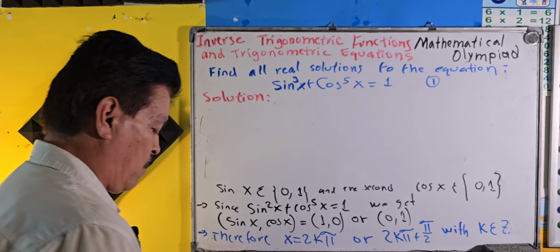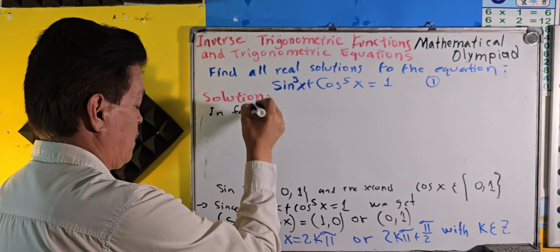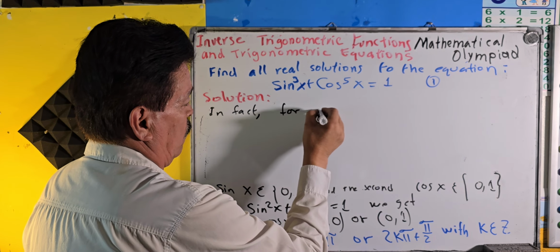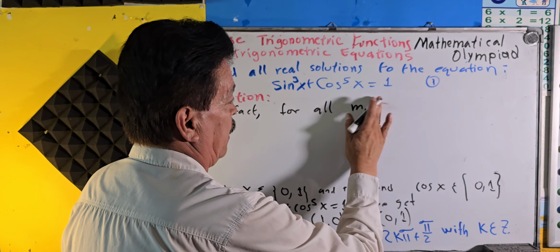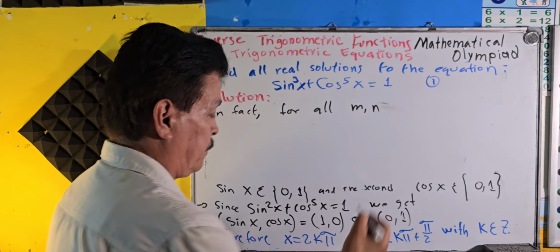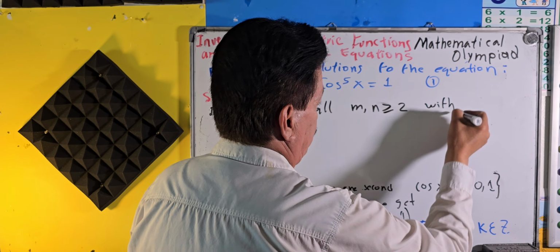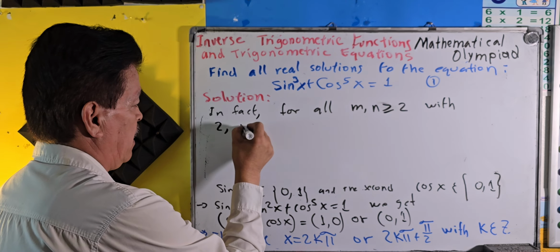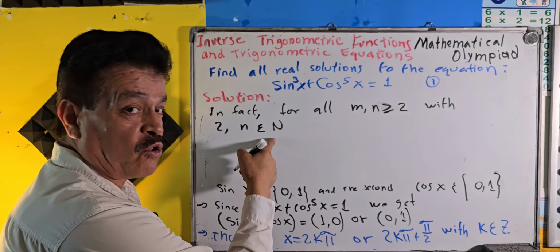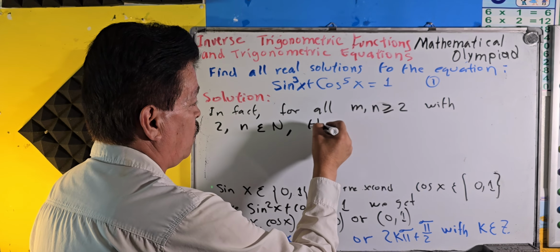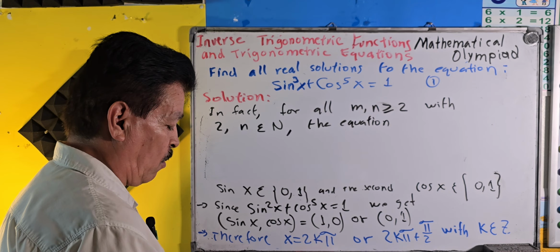So then we have, in fact, for all m and n greater or equal than 2, with m, n belonging to N, the natural numbers, the equation. I'm trying to find the solution to this Mathematics Olympiad equation.